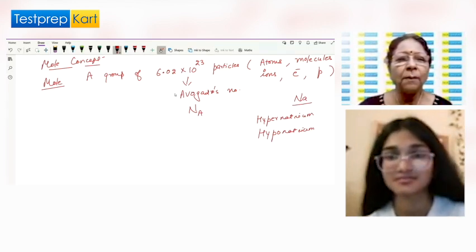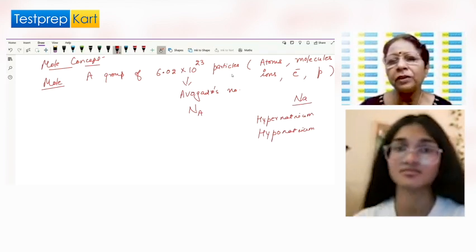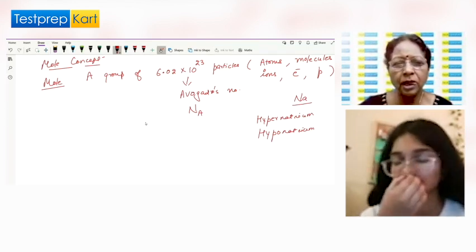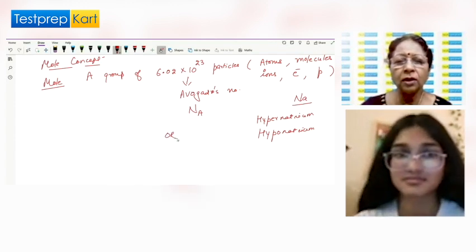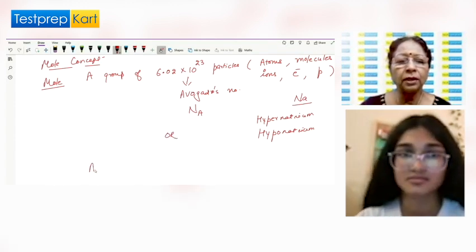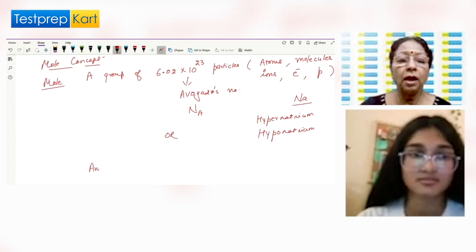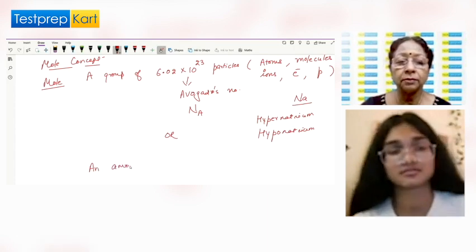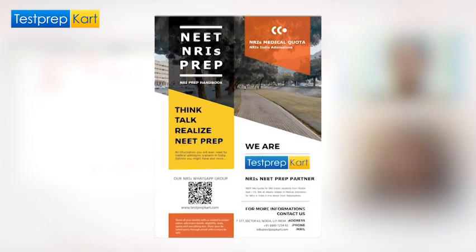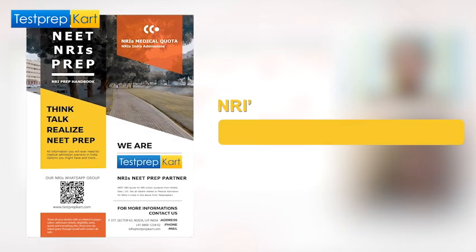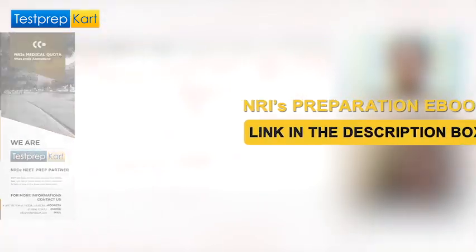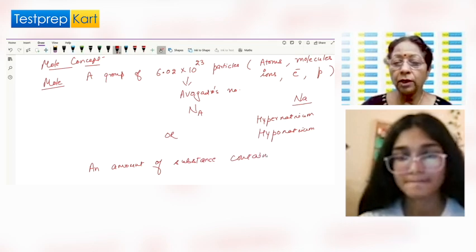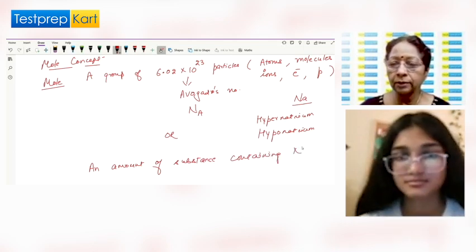So what is a mole? A mole is nothing but a group of these many particles, right? Or we can also have it in terms of amount, an amount of substance containing these many particles.